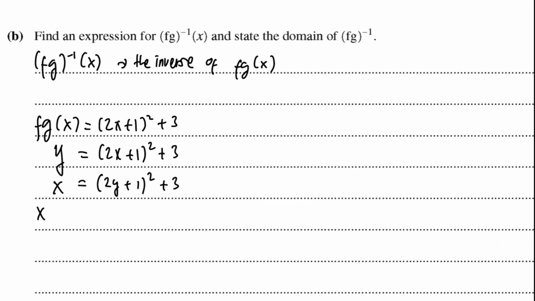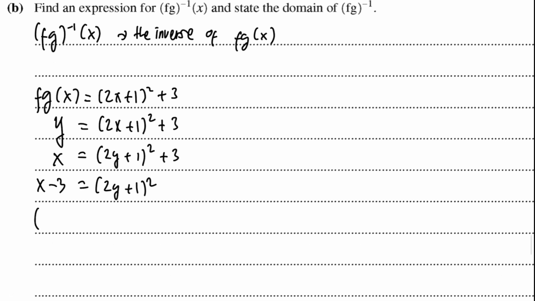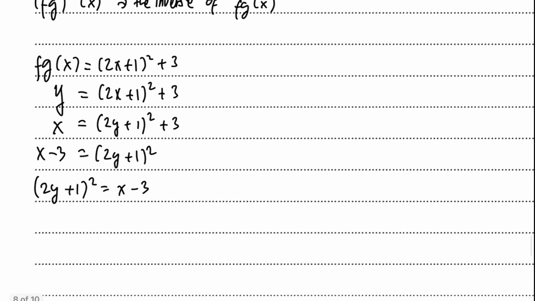So we subtract both sides by 3. And then maybe we can change left hand side, right hand side. And after that, we want to eliminate the square here because we want to solve for y. So that means we take the square root both sides. But don't forget, you have to put plus minus square root of x minus 3.